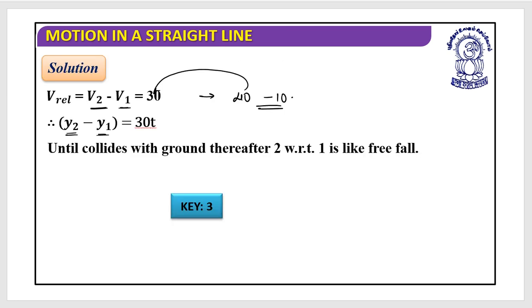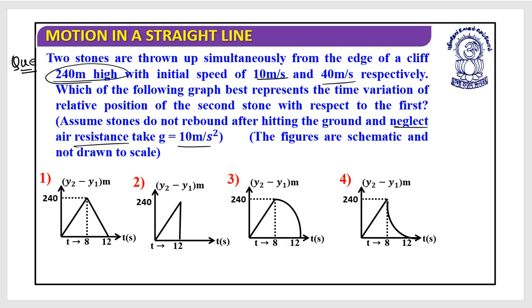So if I write it like this, y2 minus y1 equals their relative velocity multiplied by time, it's 30 into t. So before both the stones reach the ground, it should be a straight line, something like this. But the problem arises that every option given shows the same situation.